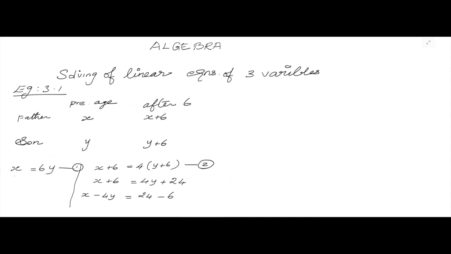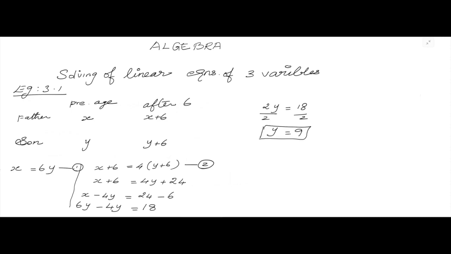The first equation says x is equal to 6y. We'll substitute that in this x. So 6y minus 4y is equal to 18, right? Now solve it. 6y minus 4y is 2y is equal to 18. Divide both sides by 2, you get y is equal to 9.